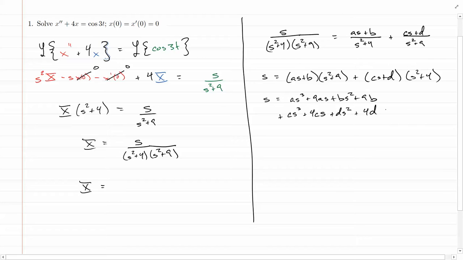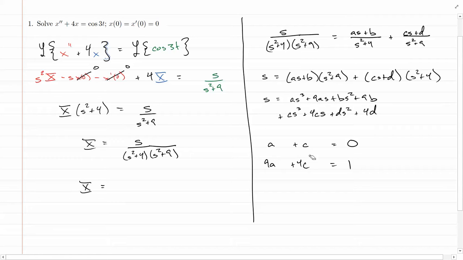Okay, so matching up the coefficients on the left and right hand sides, we can come up with 4 equations. The fact that there's no s cubed term on the left side means that a plus c must be 0. Then 9as plus 4cs on the right side must be equal to 1s on the left side. That means that 9a plus 4c must be equal to 1. And then the other two equations involve b and d.